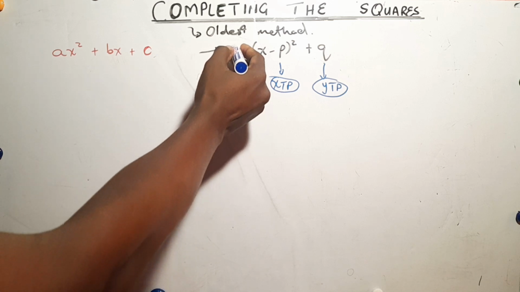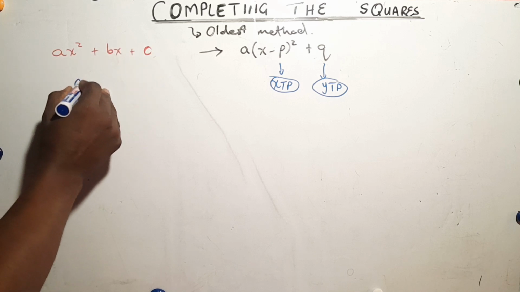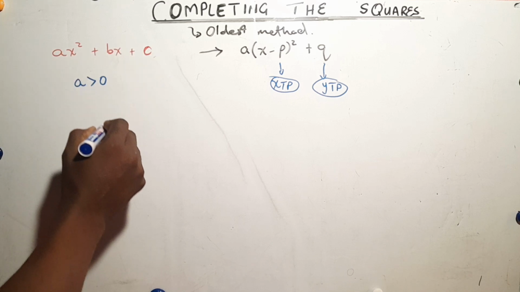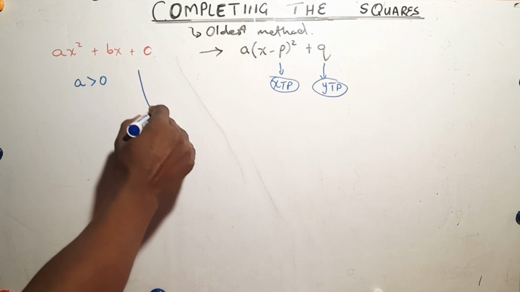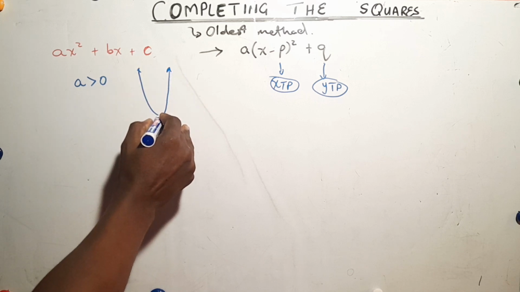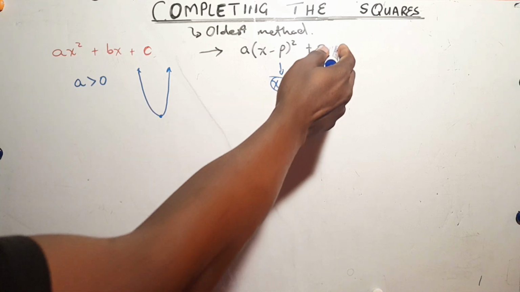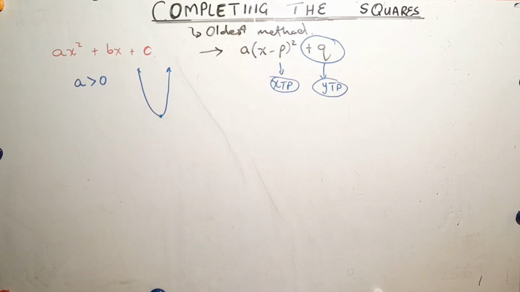Now it will depend on the value of a. Looking at this expression, if our value of a is greater than 0, it means that our function is concave up like that. So it will have a minimum point. It will have a minimum y value. The minimum y value you can just take from there.